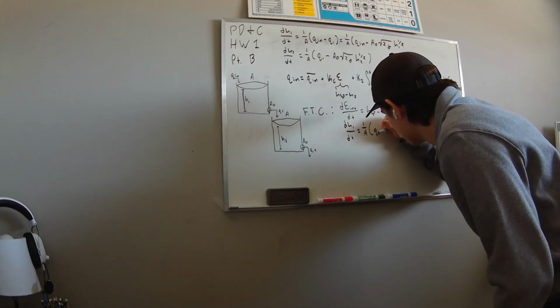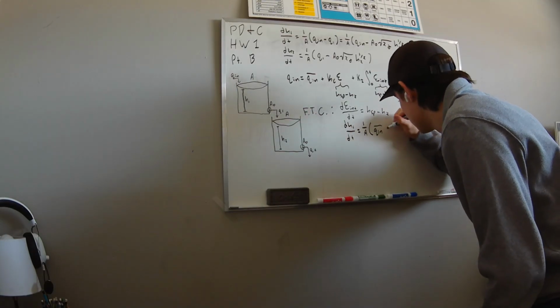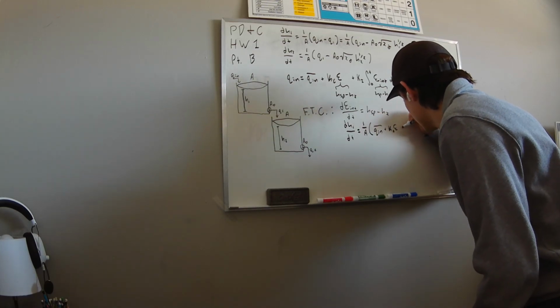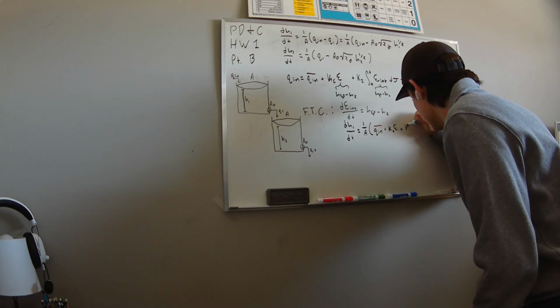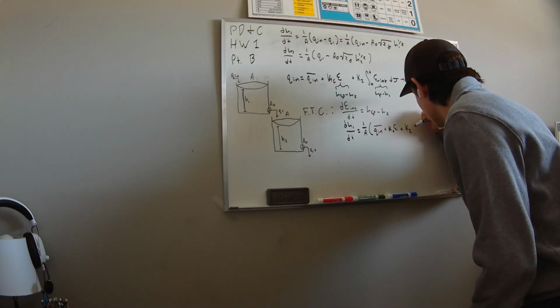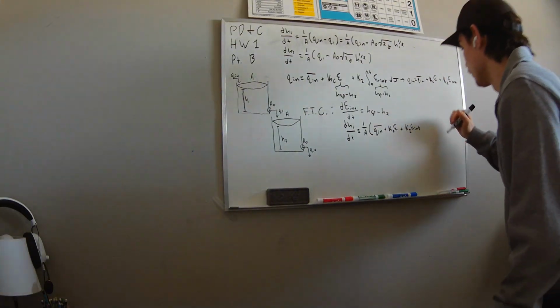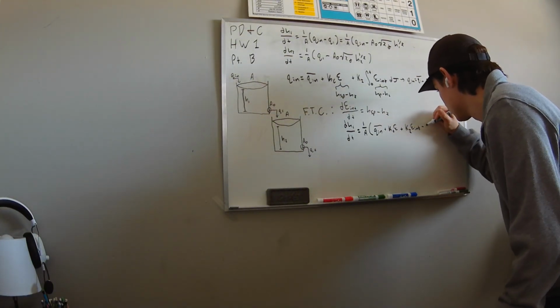So our Qin at our initial steady state plus our proportional controller gain plus our integral controller gain. And we're going to subtract that with Q1.